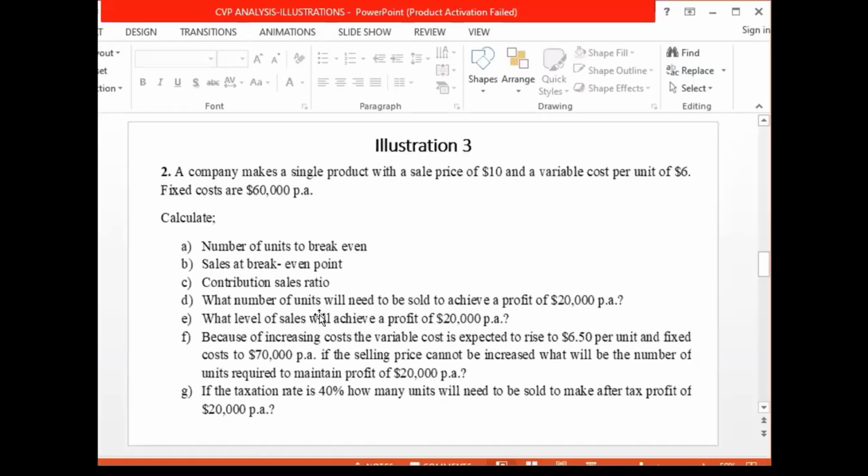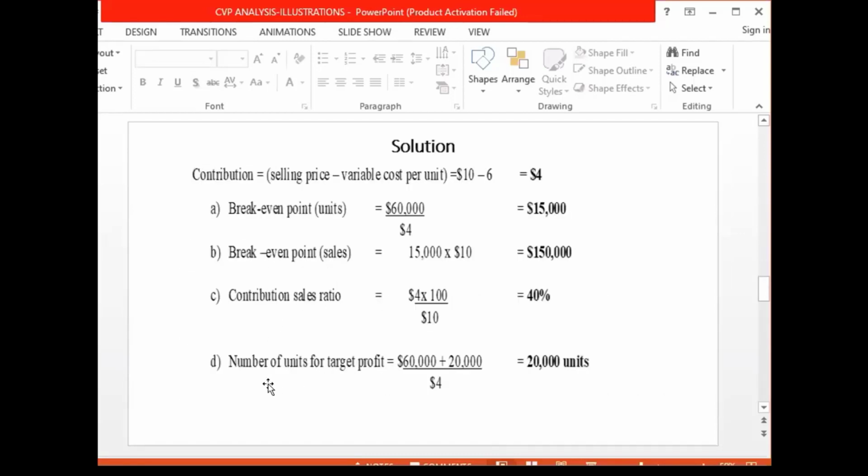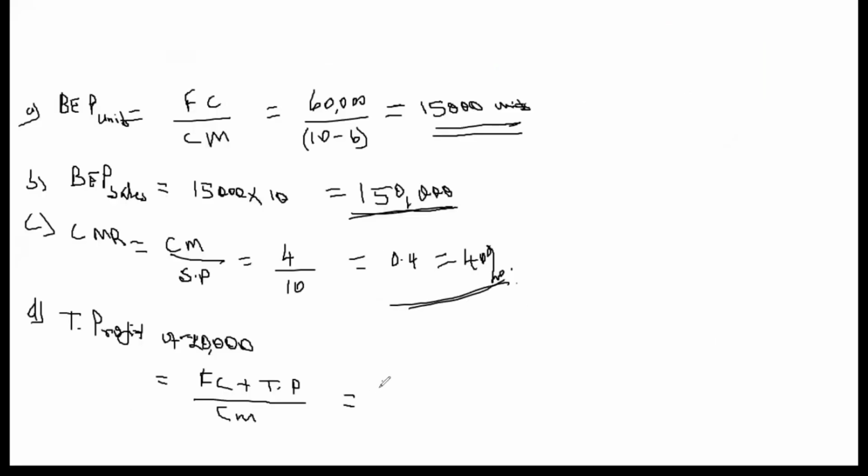We are looking for the units. So that will be 60,000 plus 20,000 over 4.